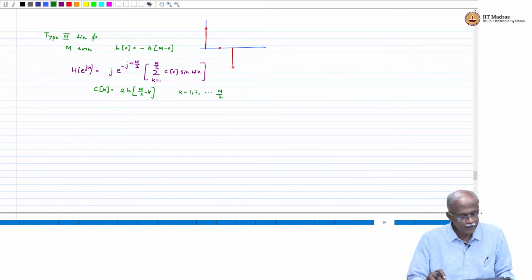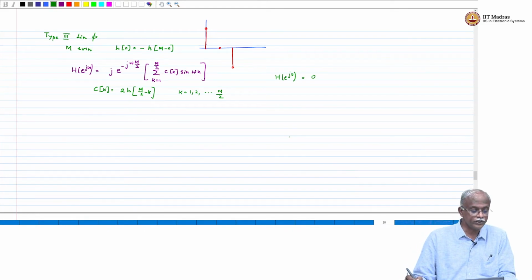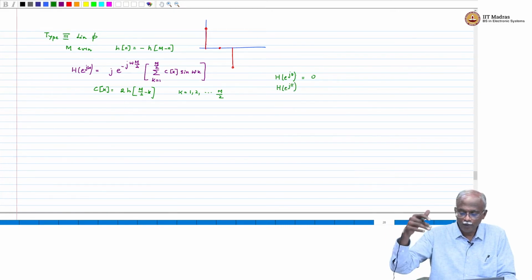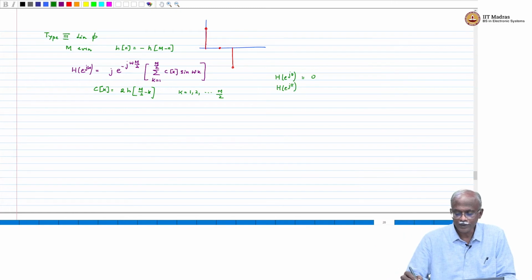Now, look at the expression for H_E of j omega. It is a function of sine terms. Okay. So, notice that for H_E of j0, sine 0 is 0. So, basically this will always be equal to 0. Similarly, H_E of j pi, you get either odd multiple of pi or even multiple of pi, the sine terms will be 0.